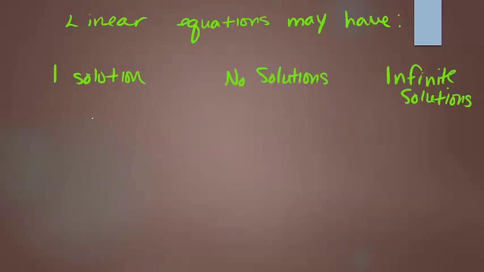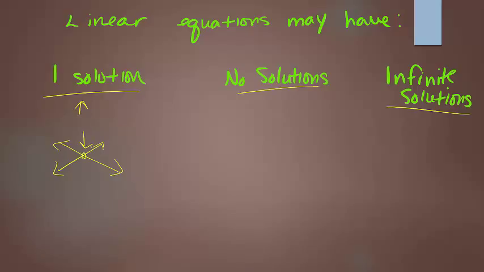What I'd like to do here is just go over each situation and summarize what we talked about. A linear equation might have one solution, no solutions, or infinite solutions. If it is a one solution situation, if we picture it graphically, we have 2 lines that intersect at exactly one point, and that is the solution. If we think of it algebraically, this means that we have two lines that are not the same line and they are not parallel, so they have different slopes.